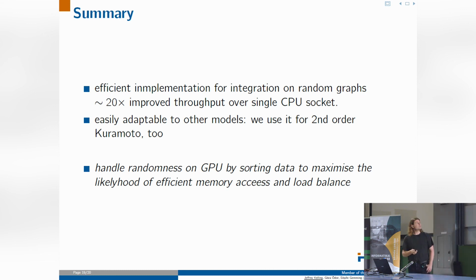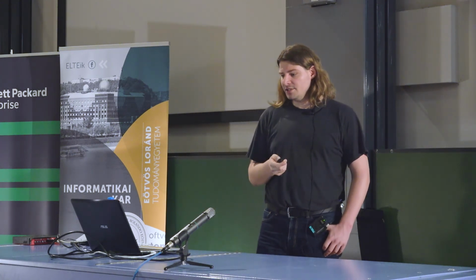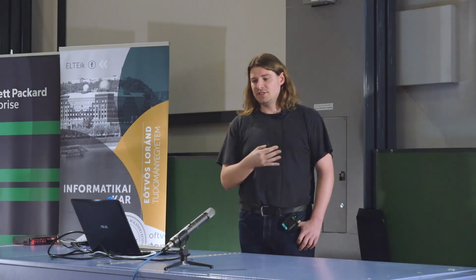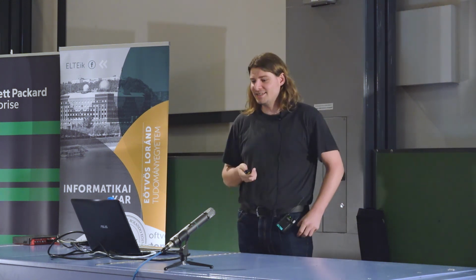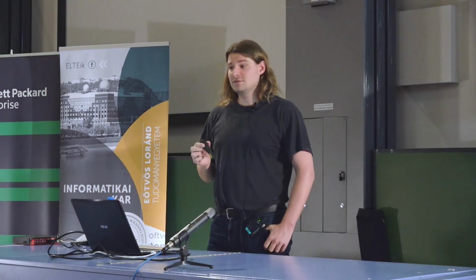It doesn't cost a lot. This will also maximize the efficiency of memory accesses being adjacent to each other, even if you can't really control this, just statistically, and it also improves load balance. I want to thank you for your attention.